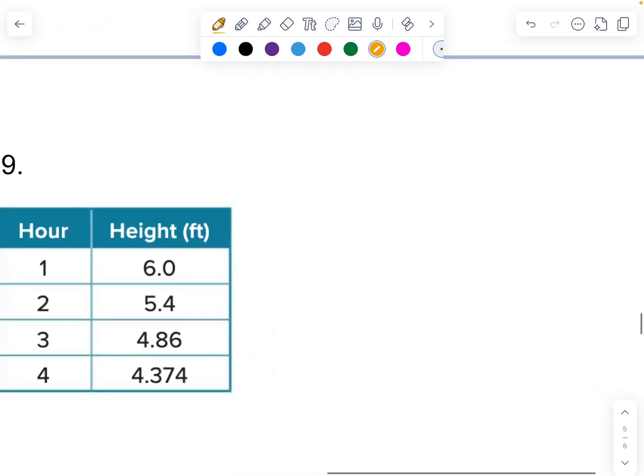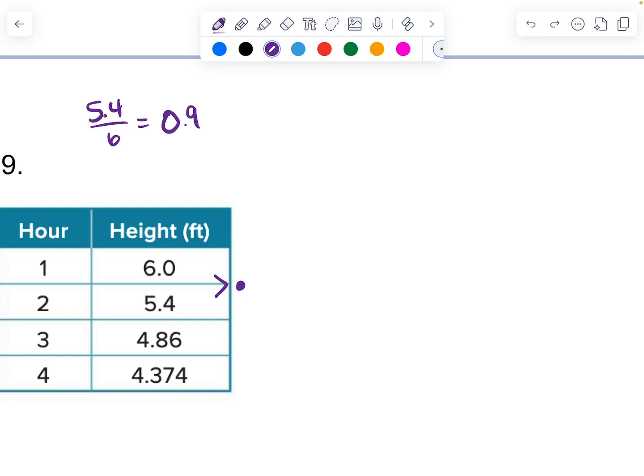This one. This is going down by 0.6. That's definitely going down by more. So that means I need to do 5.4 divided by 6. That's going to get me 0.9. So if I multiply it by 0, nope, not. Zero's in the wrong spot.